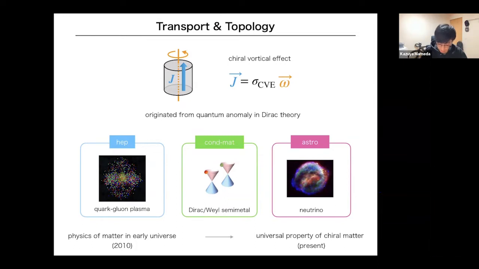However, with recent achievements in other Dirac matter like Dirac semimetals or Weyl semimetals, and also since we know that chiral matter exists in our universe, such as the neutrino, which is a massless fermion, this unusual topological transport is a universal property of chiral matter.